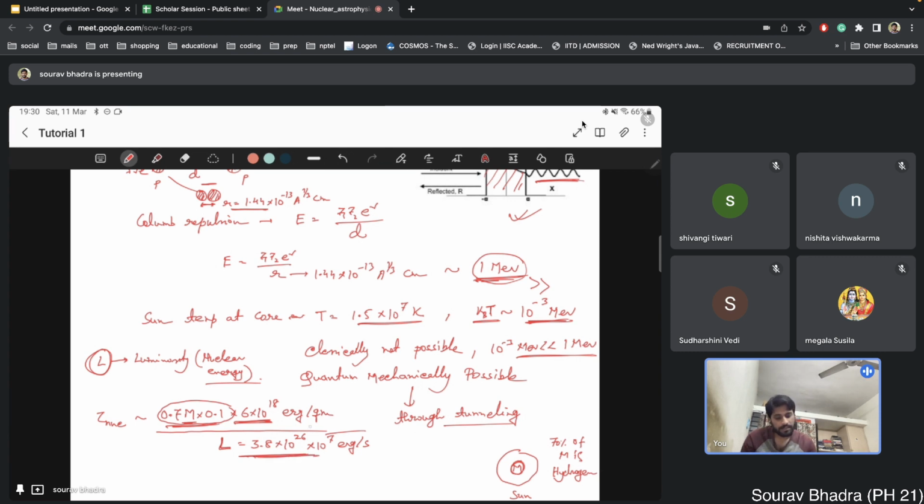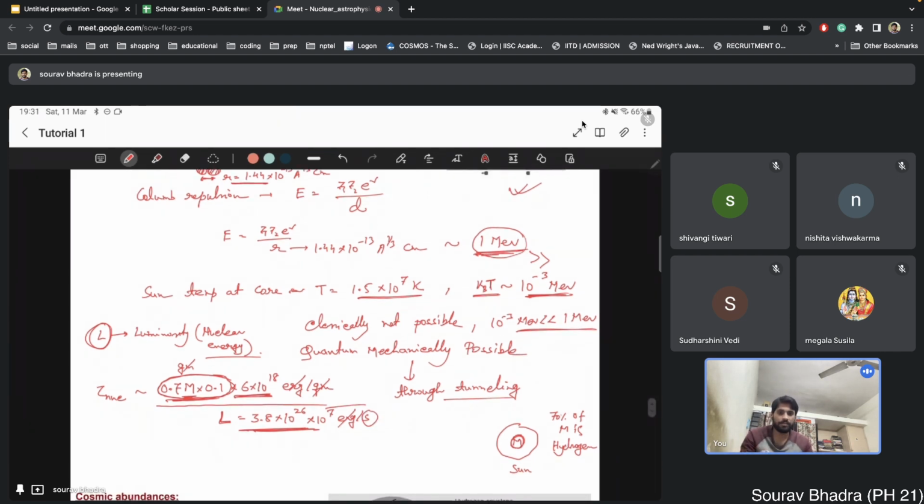You can see this term has a unit of gram; this gram will be cancelled by this gram, and this erg will be cancelled by this erg, and the total unit of this tau nuclear is second. So we are correct in our calculation, as we are getting our value in seconds, a time scale. Now if you calculate, you will find that it is 7 times 10 to the power 9 years.